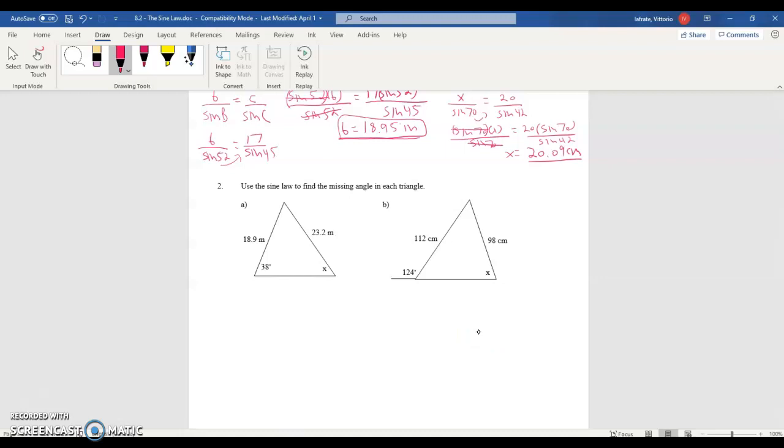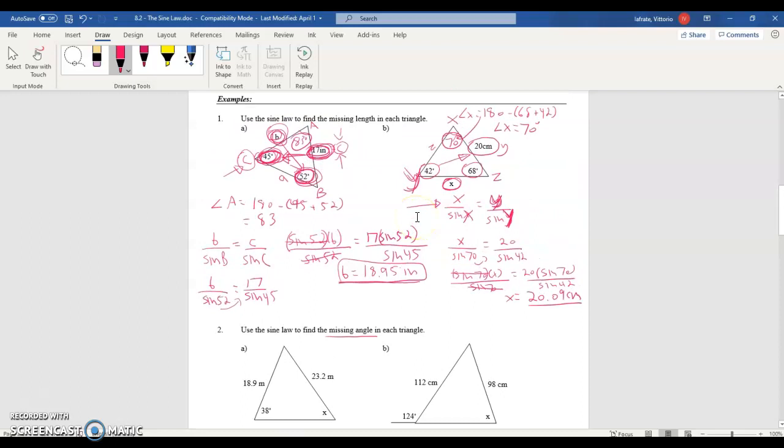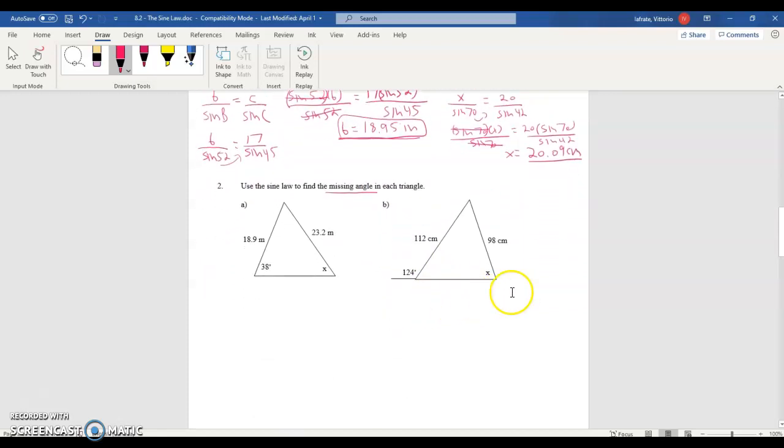And in this case, we're looking for missing angles. So in the earlier example, we were looking for a missing length. And notice we wrote the lengths on top with the small letters and the angles at the bottom. Here we're going to be looking for missing angles, so we're going to write it the other way around. So we're looking for angle x over here.